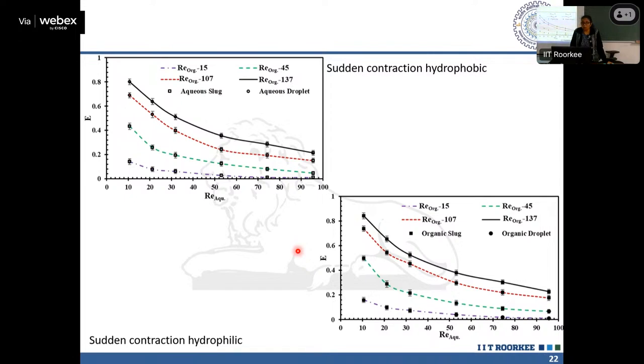They are all homogeneous. One is hydrophobic, one is hydrophilic. And we have seen that in hydrophilic there is an enhancement of efficiency without any change in contact angle. They are homogeneous. Why so? Yes, absolutely.